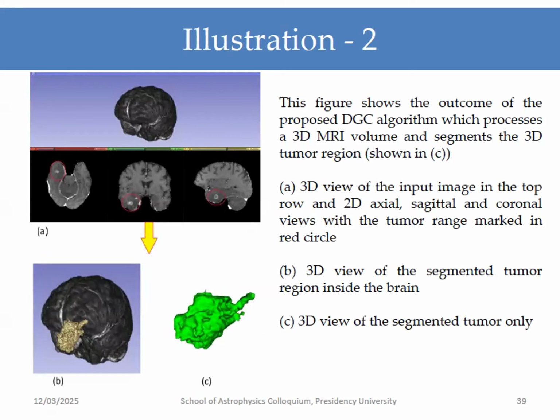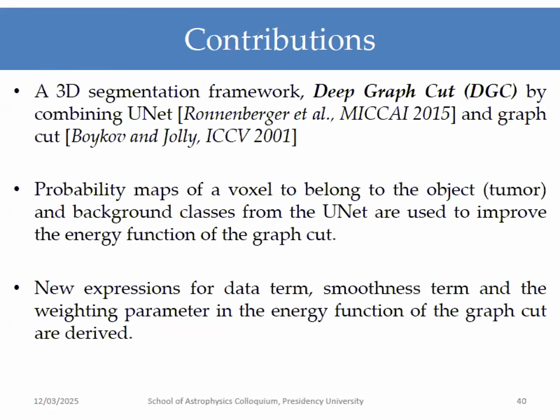So we have developed something known as deep graph cut, which is a good mix. I've been telling my students that when you apply deep learning, it's very rich because the way it represents information is very rich.